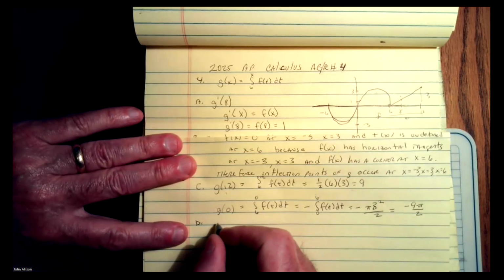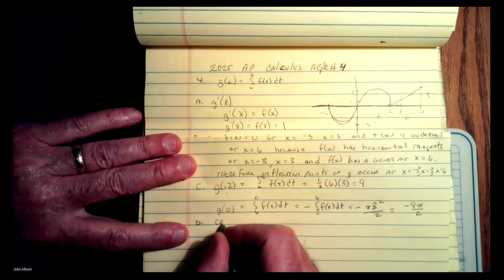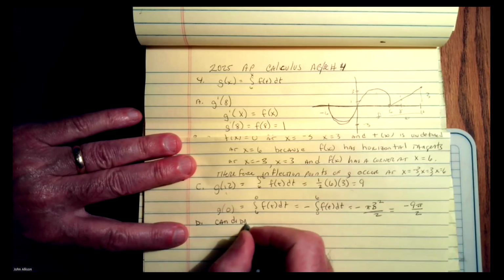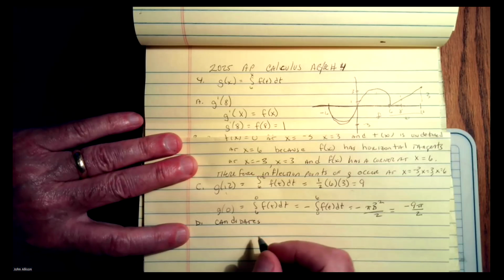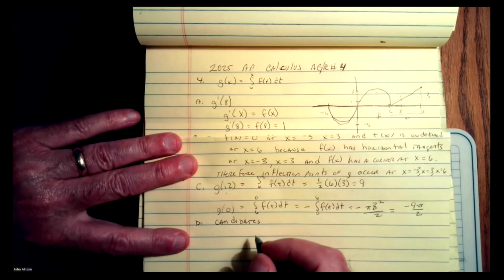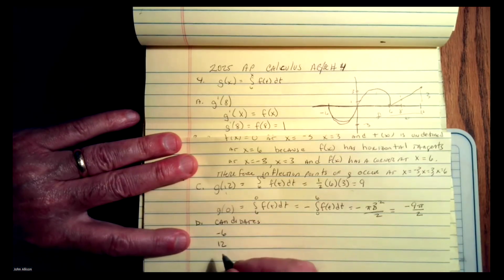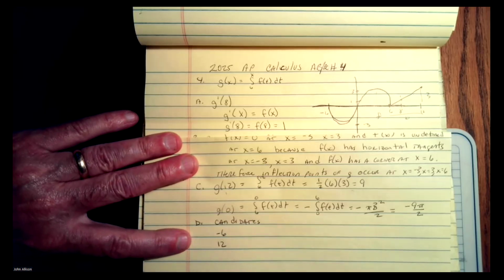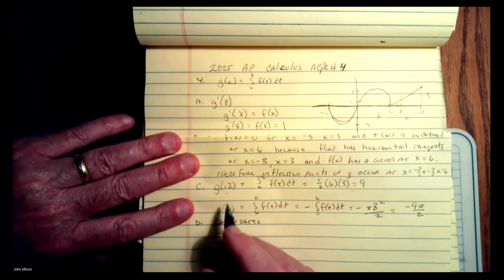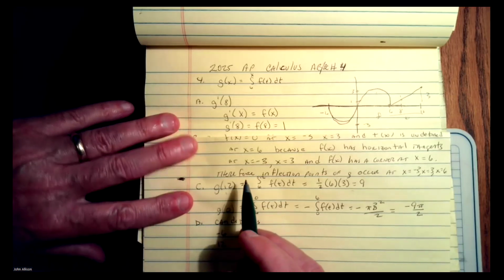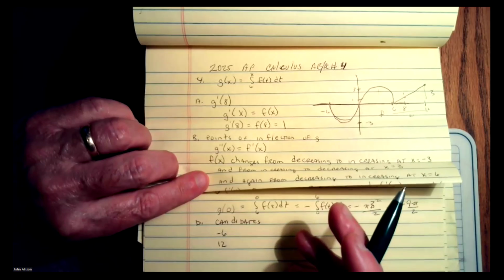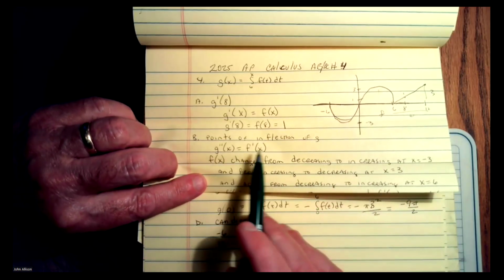So that means we need to know the endpoints, which are -6 and 12, and then everywhere where g prime equals 0 or is undefined.